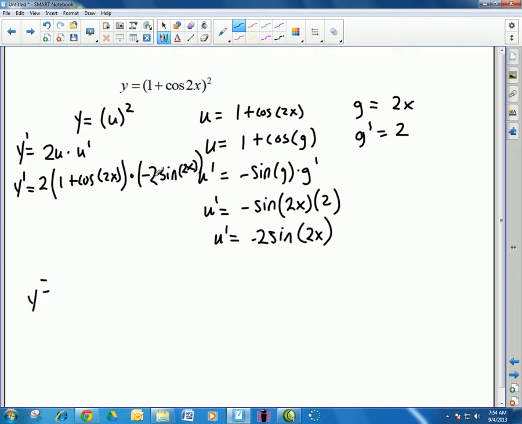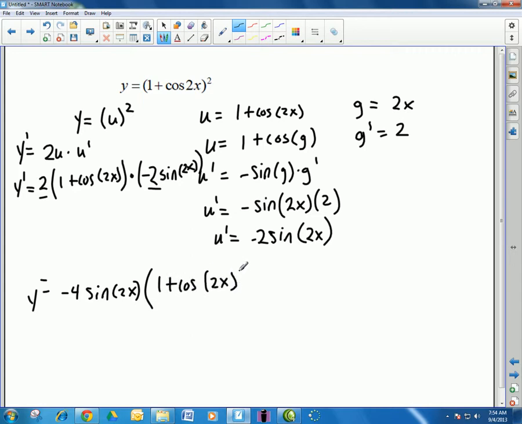So then if we rewrite this, you notice that you can multiply these 2's together, so you get negative 4 times the sine of 2x times the quantity of 1 plus cosine of 2x.